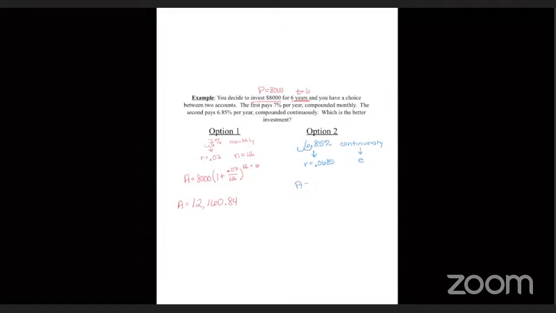So that setup would look like our accumulated value will equal 8,000 times E raised to the 0.0685 times 6 years.